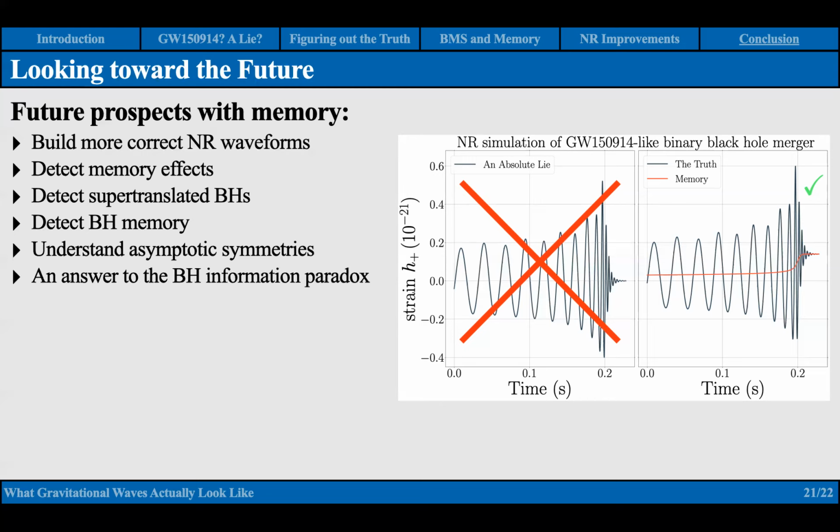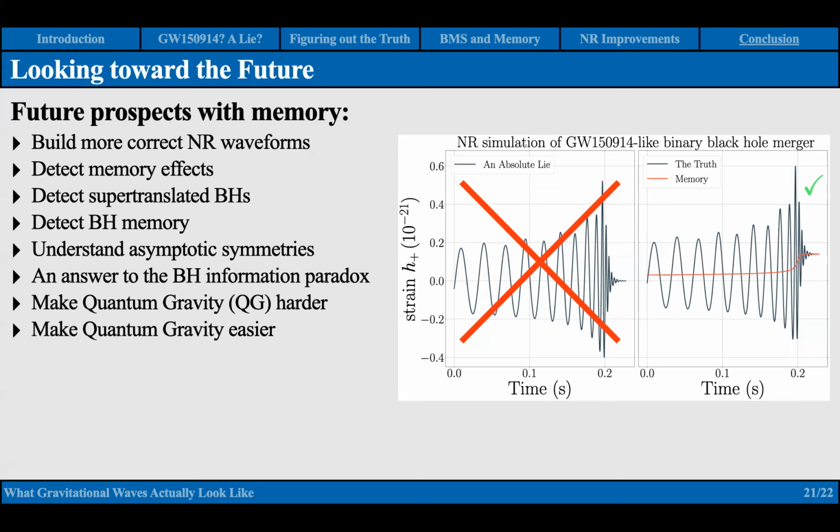People have actually solved the black hole information paradox using super translations in memory. So that's pretty interesting. It actually makes quantum gravity a lot harder because now you don't have a well-defined Fock space. But then it actually also makes quantum gravity a lot easier because it tells you that any black hole will actually decohere any quantum state that you have, which is a paper that just came out like a month ago, which is pretty crazy.